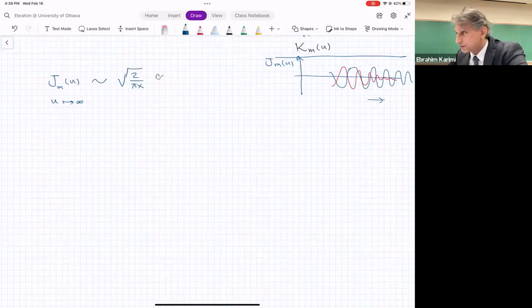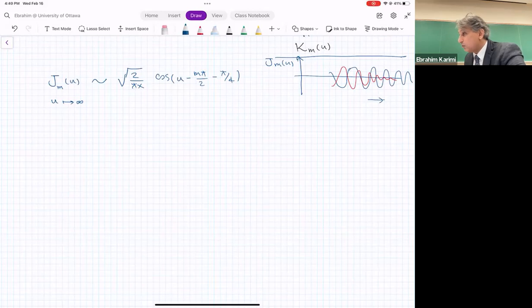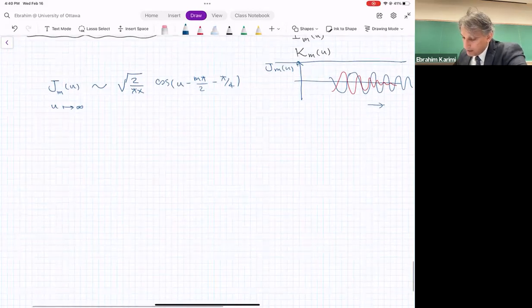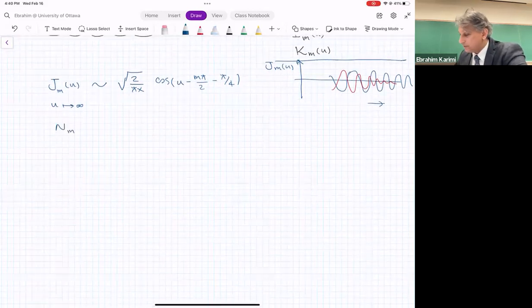And then you have a cosine of x minus m pi divided by 2 minus pi divided by 4. So for large U value, essentially, Jm will be given as a cosine, while Nm will be given as a sine.